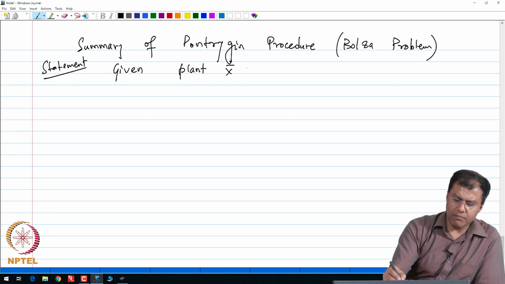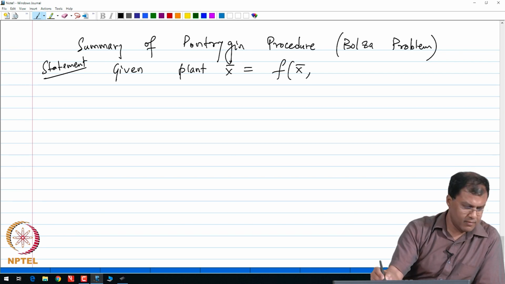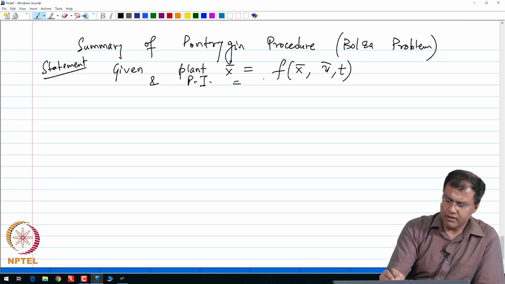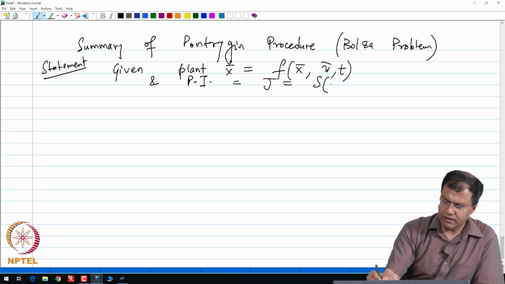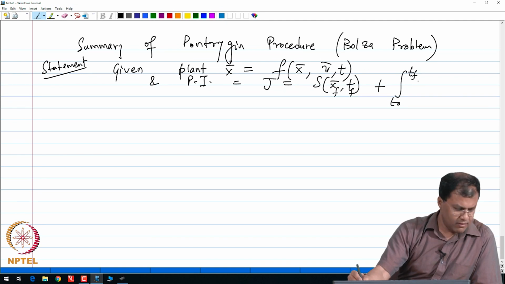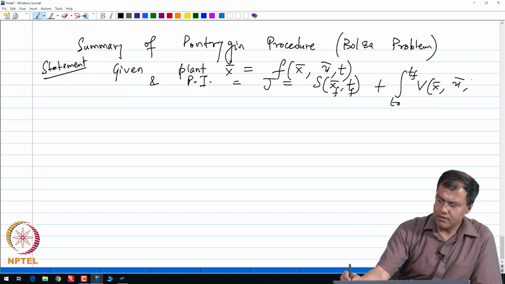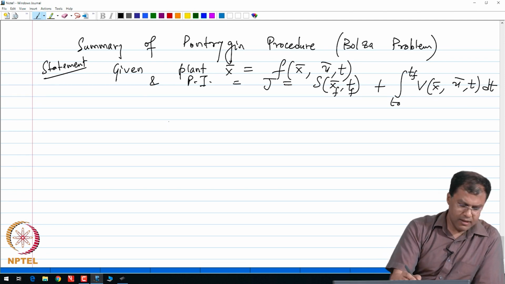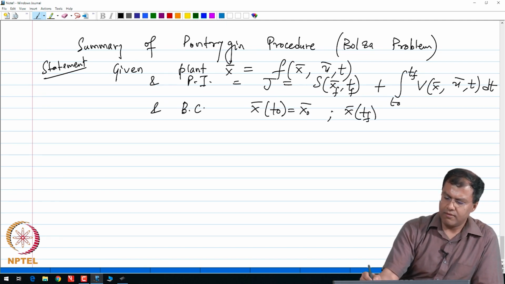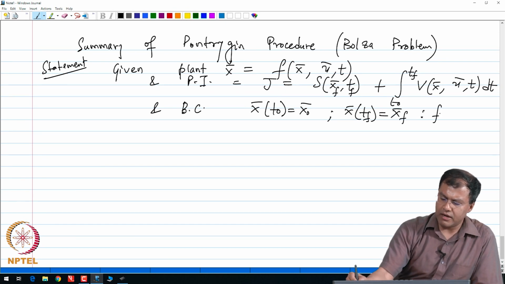Okay. So, given my plant condition x dot is equal to f, and my performance index, which is given by J equal to S, the cost function of x comma t at final time point, plus the integral from t 0 to t f of V of x, u comma t dt, and the boundary conditions, which are x at t 0 is x 0 and x at T f is equal to x f, which may or may not be free.